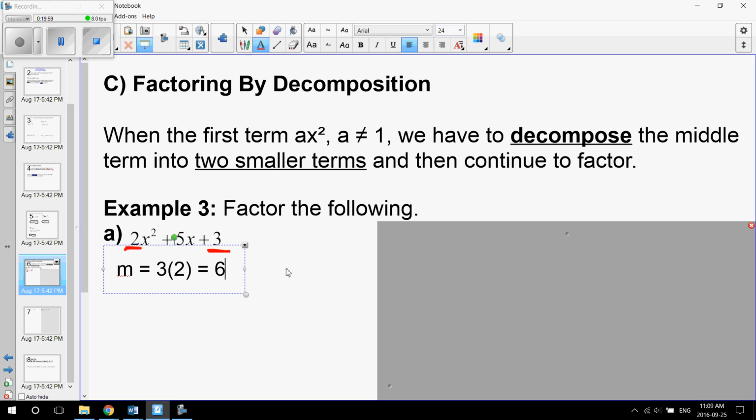So our two numbers have to multiply to 6, but then add, and adding's the same as before. Adding always comes from the middle number, which in this case is the 5. So our add value is 5. So we need to multiply to a 6, but add to a 5.